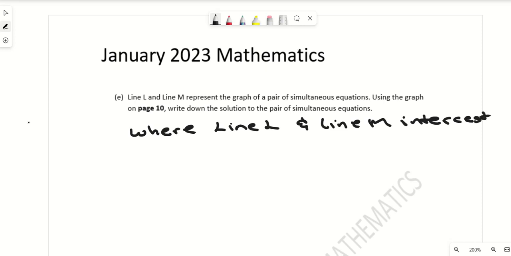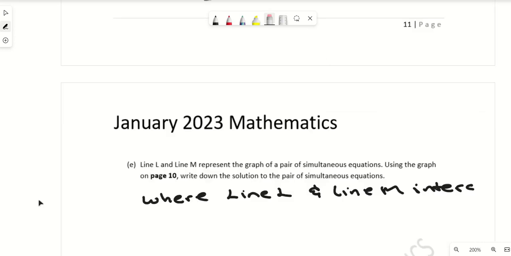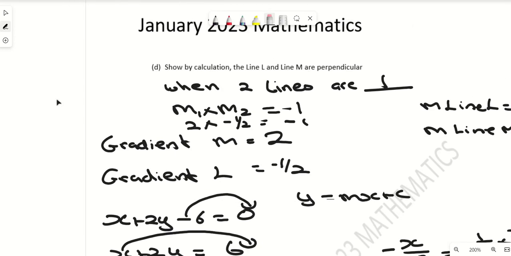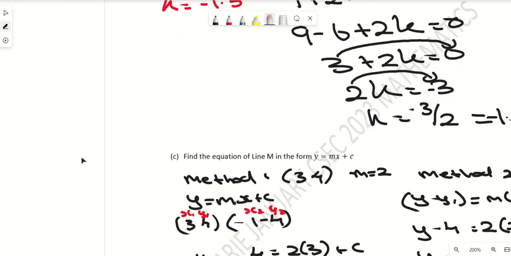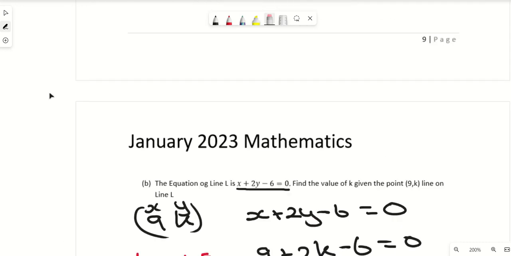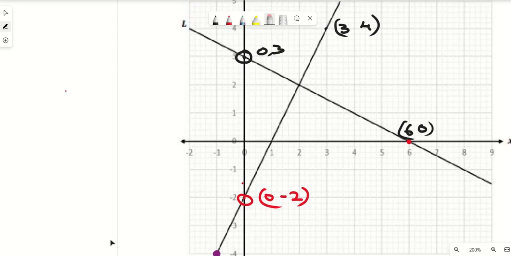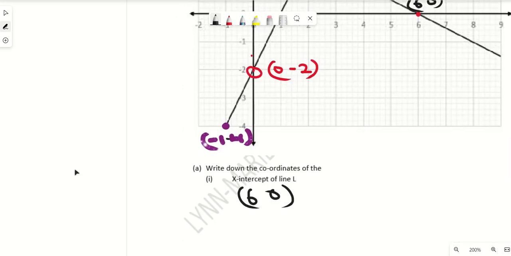So if we look at the graph, where these two lines intersect is actually this coordinate here. That is x is 2 and y is 2. So when they ask you for that last question, it's 2 and 2.